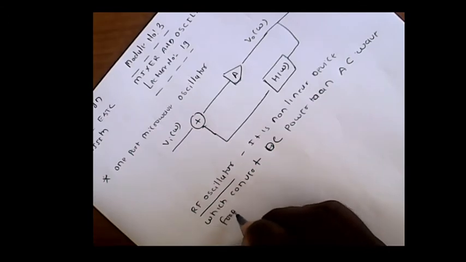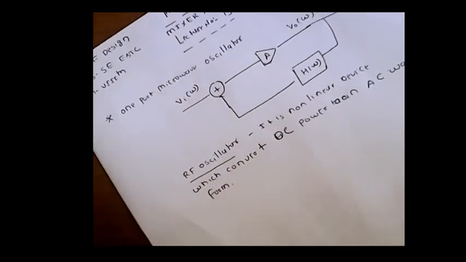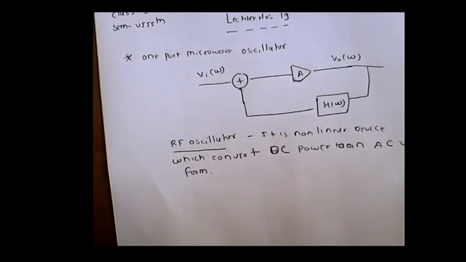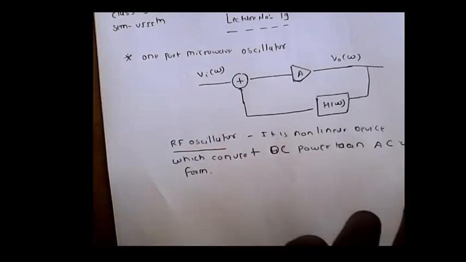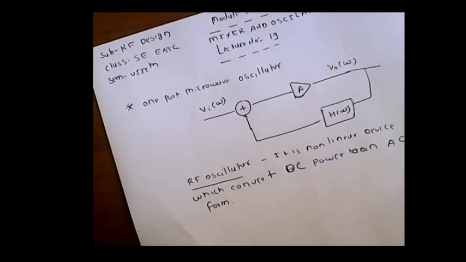This is the basic definition of an RF oscillator. So first we define the basic oscillator design, that is, the RF oscillator. An RF oscillator is a non-linear device or circuit which converts a DC power to an AC waveform, and that is called an oscillator.